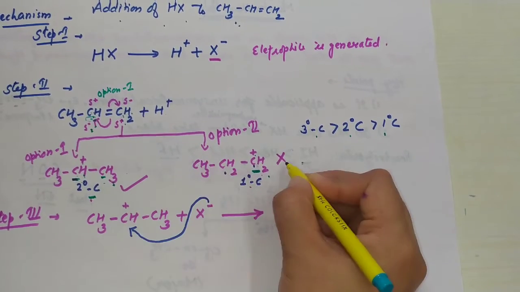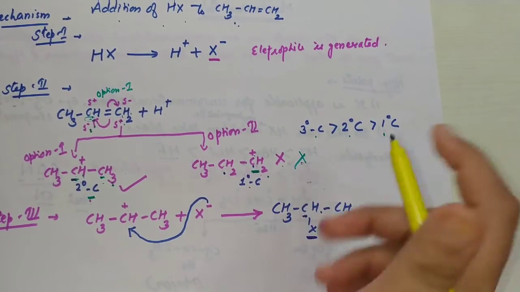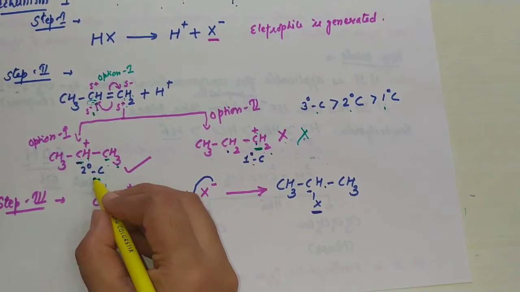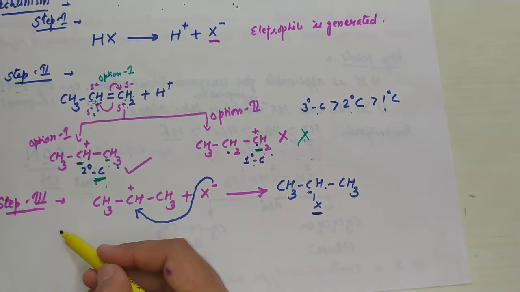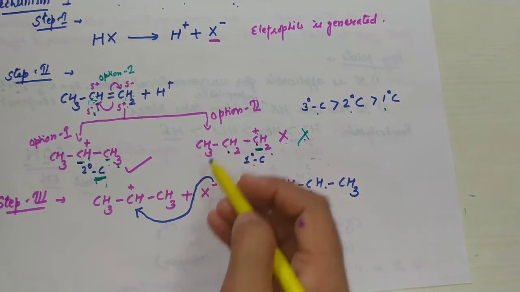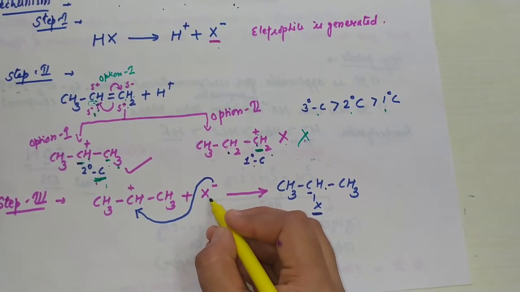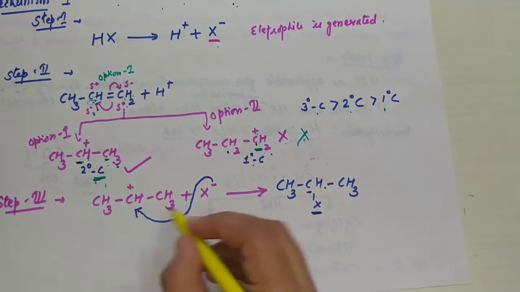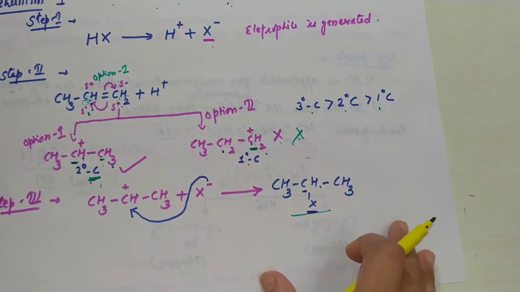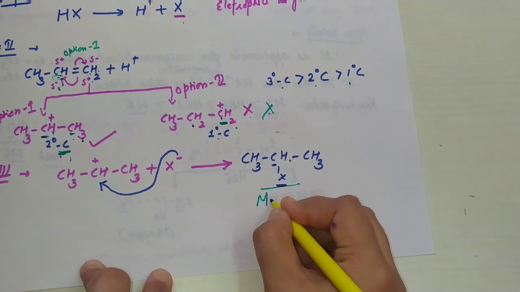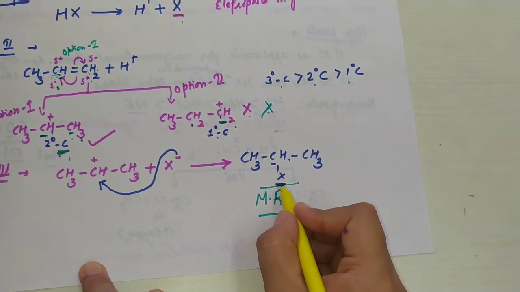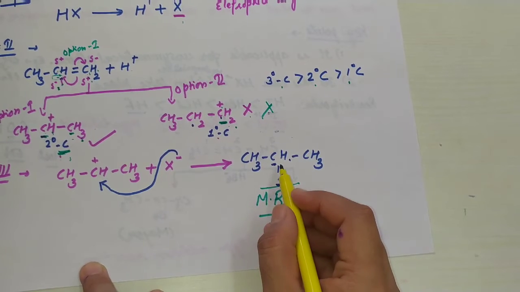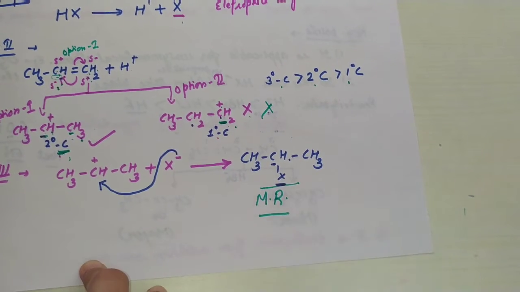So option 1 is correct and option 2 is wrong. After step 2 there is the formation of a carbocation. And in step 3, this carbocation abstracts the remaining halide ion, and there is a formation of this product, which is the Markovnikov rule followed product. According to this, the negative part goes to that carbon which bears a lesser number of hydrogens.